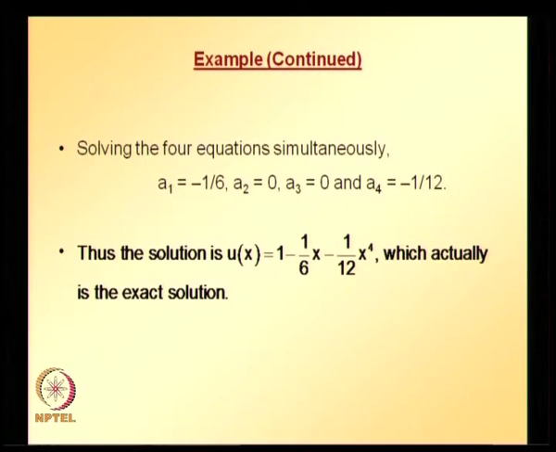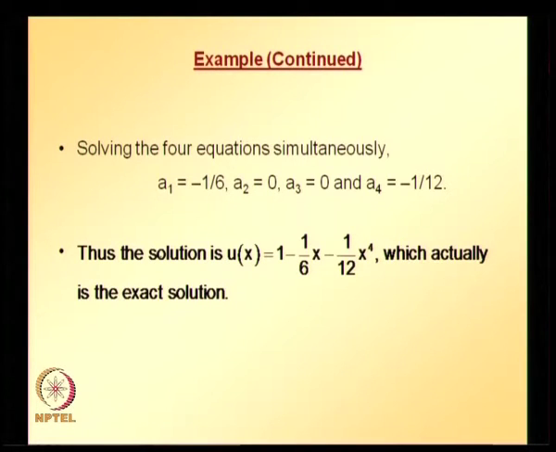So, in summary, as we increase the order of the trial solution, we approach the exact solution, but at the expense of additional computational effort. Whenever you have more coefficients, you need to solve more equations to solve for these unknown coefficients.